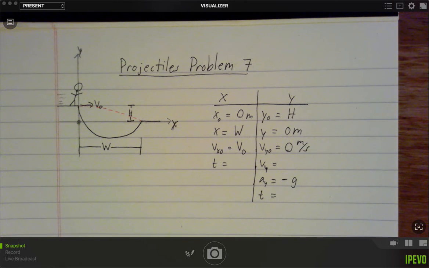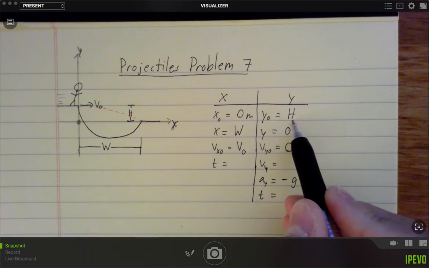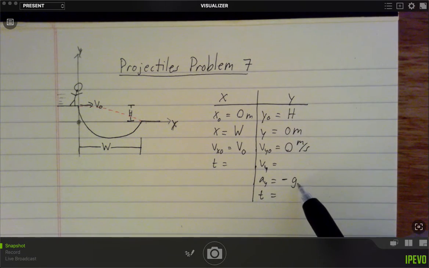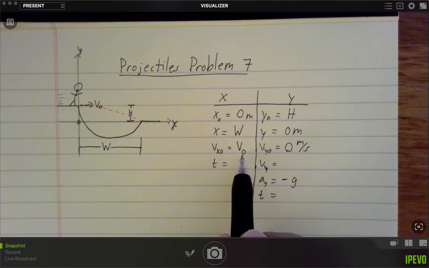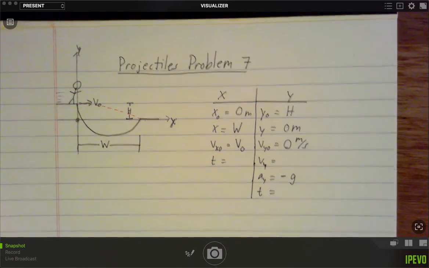And so we have this task that we have to come up with an expression for this initial velocity in terms of W, H, and probably little g. We're going to pretend that V naught is the ultimate unknown, and we're going to just see how we get there.